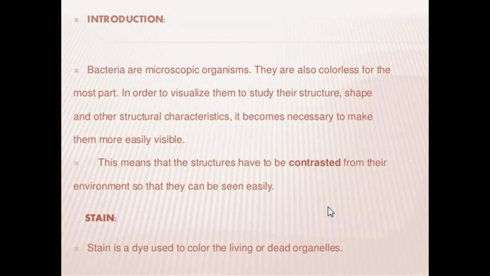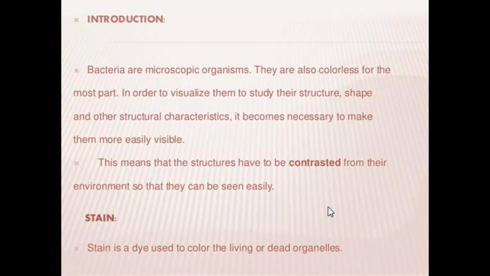Actually, these staining techniques are mainly used in microbiological techniques to observe different pathological microorganisms. Why are these stains used? For the differentiation of pathogenic microorganisms, and to study microscopic organisms.